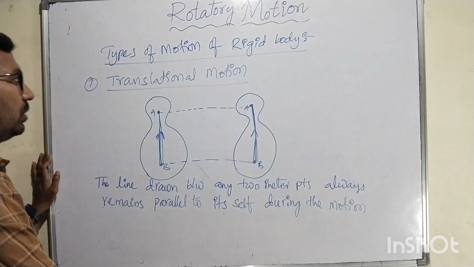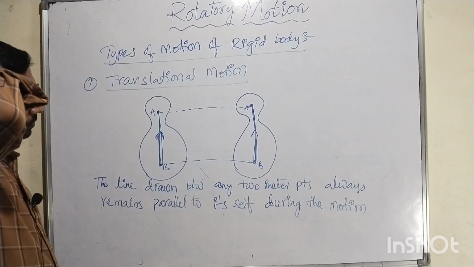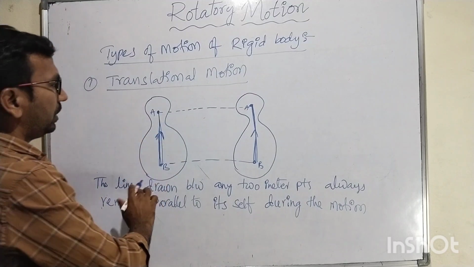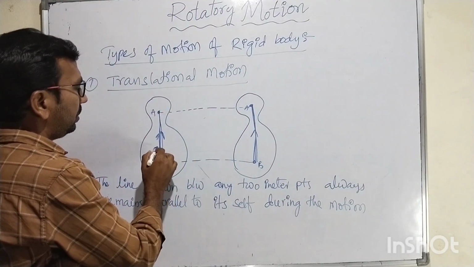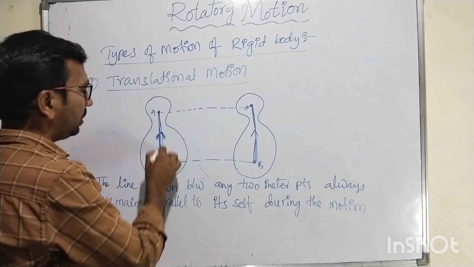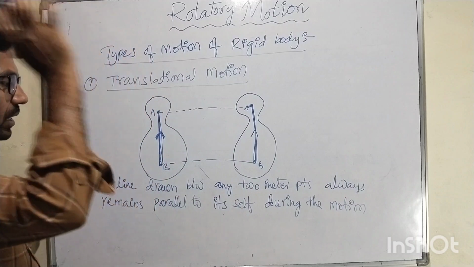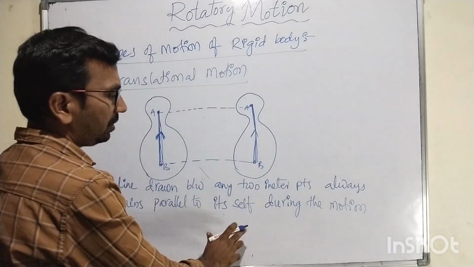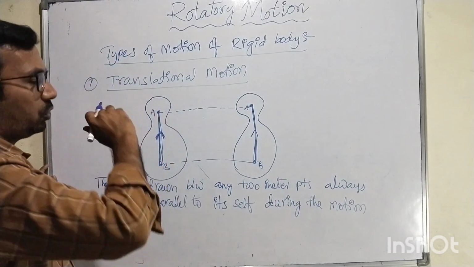This motion is called what? Translational motion. The line drawn between any two internal points always remains parallel to itself during the motion is called translational motion.